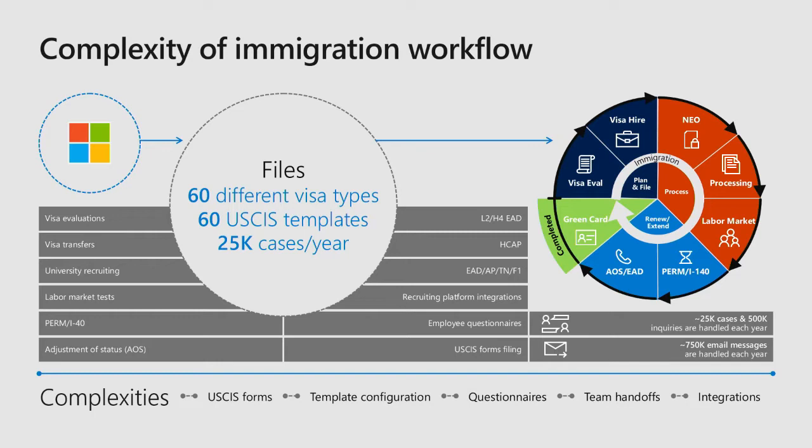There are different templates which have to be populated and submitted to the USCIS, wherein you get the approvals or the final decision. And lastly, in terms of the cases, we file around 25,000 cases per year. So we're looking at around 12,000 plus Microsoft employees who have to go through this process of the work authorization.